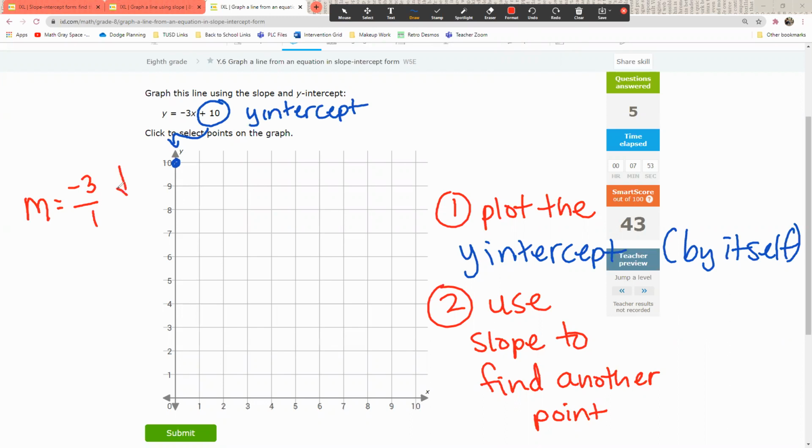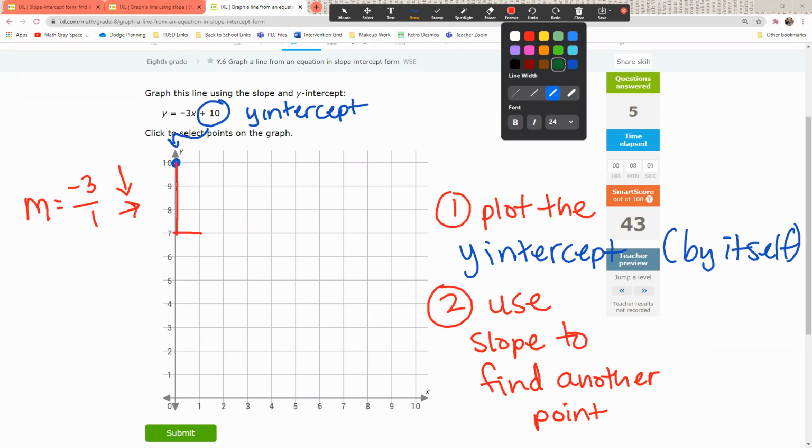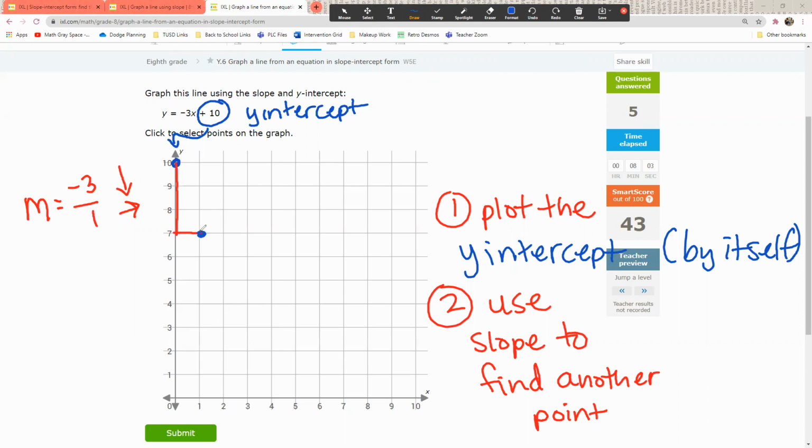So from the point I marked, I'm going to go down 3 and over 1. So down 3 over 1. And so my next point ends up being here. So on IXL, I start with my y-intercept, and then I go down 3 over 1. And my line looks like that.